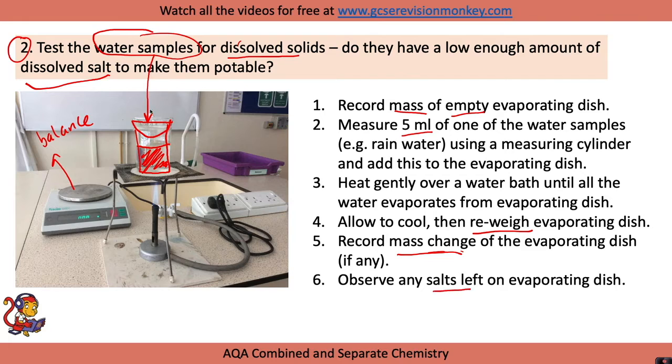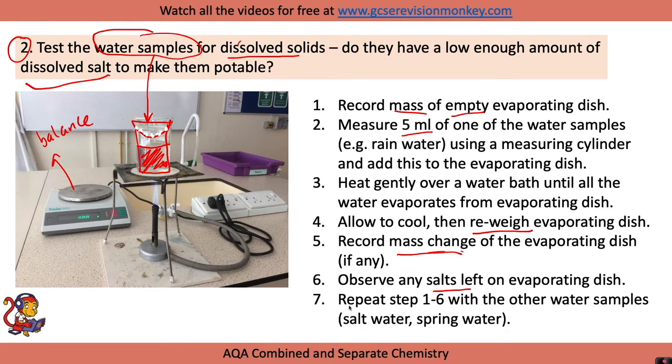So once the water had evaporated, if your sample contains salts, it would likely be that you would see salt deposits building up on the sides of the evaporating dish. So when you were to put that dish back on the balance and reweigh it, you'd expect it to be heavier because it now has salt on it. You would then repeat steps 1 to 6 with the other water samples, for example if we used salt water and spring water.